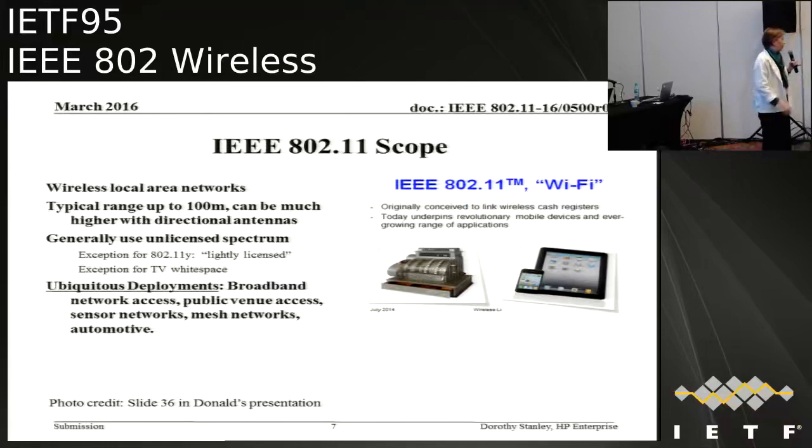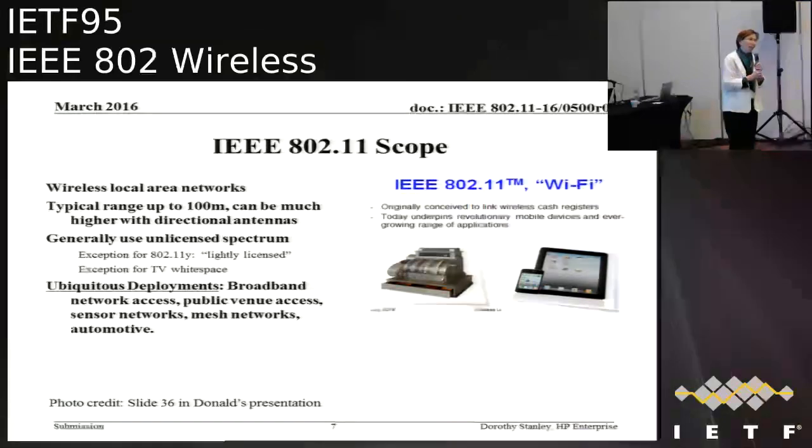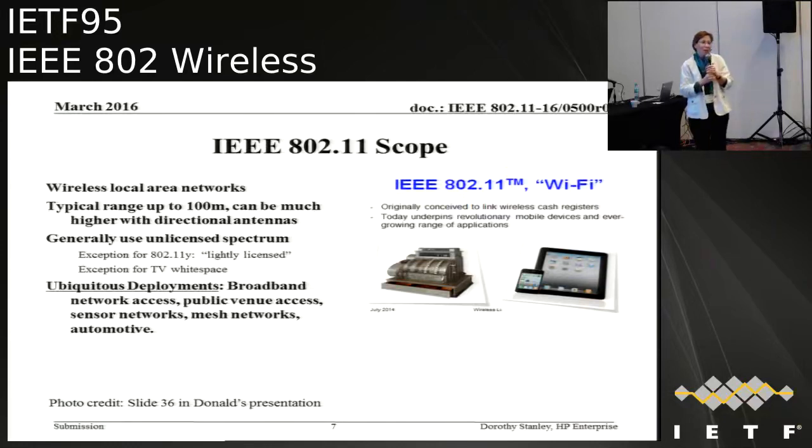802.11 and Wi-Fi, the figure here shows our origins. Back in the 90s, the idea for .11 and the idea of connecting devices locally, wirelessly, originally came out of NCR. Perhaps you don't recognize the company NCR back in the day, National Cash Register Corporation.